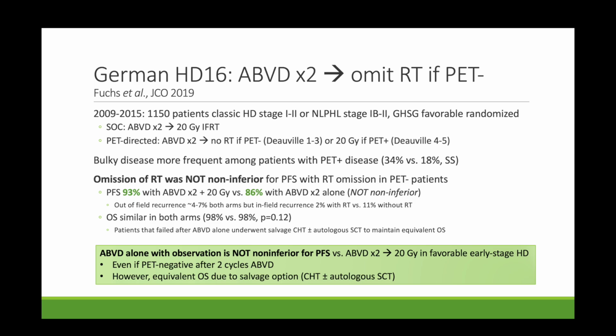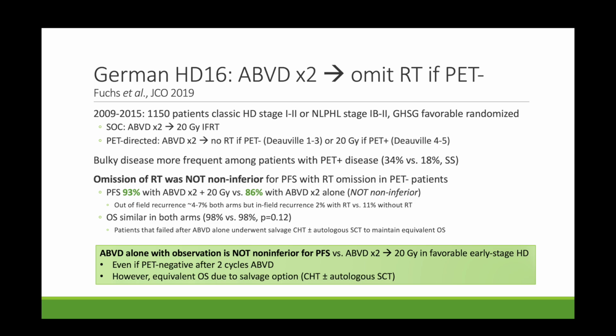And so they took patients with stage 1 to 2 favorable Hodgkin disease by the German Hodgkin study group criteria. And note that they did also include patients with the nodular lymphocyte predominant. So they had both the classic and then the non-nodular lymphocyte predominant Hodgkin lymphoma patients. But again, think of these as just early stage favorable Hodgkin patients.